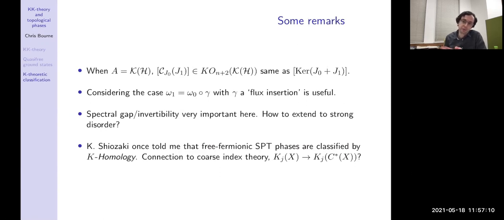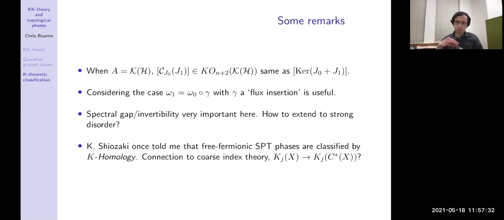Because my indices are all landing in the K-theory of the C-star algebra, not the K-homology. Yeah, I remember that in Kitaev's article, he also speaks about K-homology instead of K-theory. I guess so. I mean, you can also just take the Poincare dual, right?